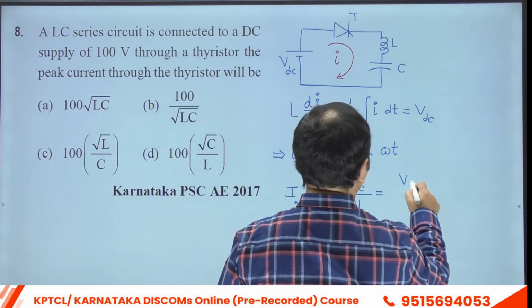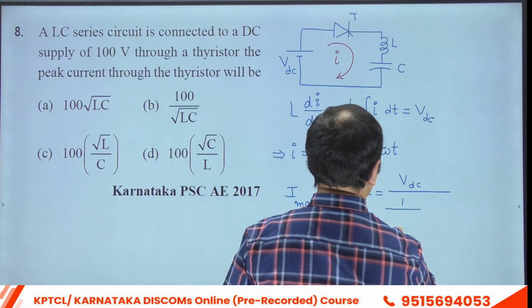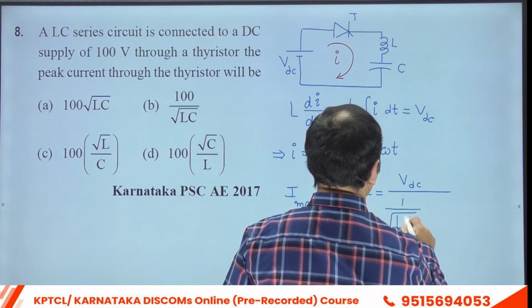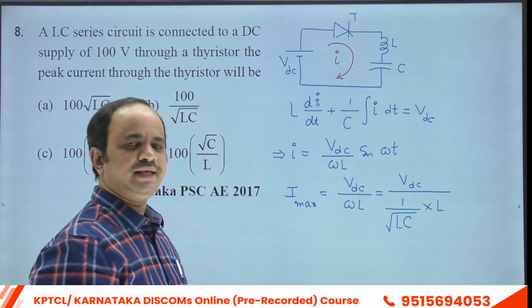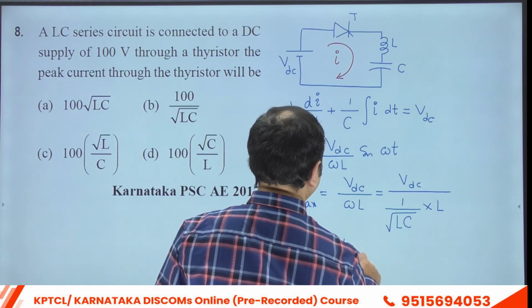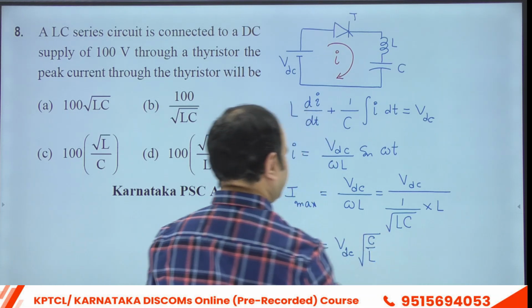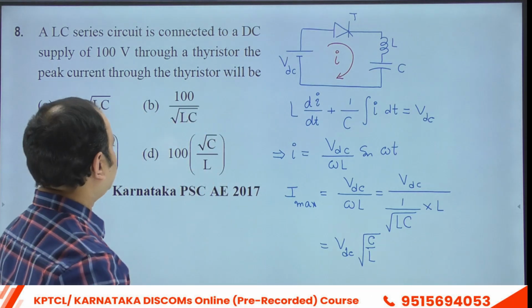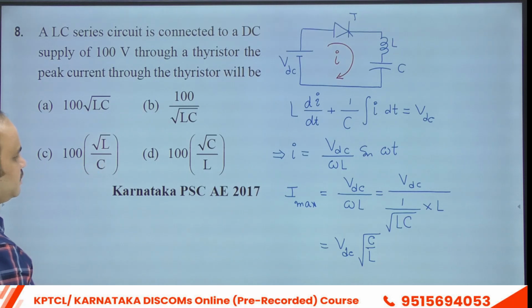If you substitute the expression for omega, that is 1 by root LC, multiplied with L, it will be simplified as VDC multiplied with root of C by L. So no answer is matching with this.